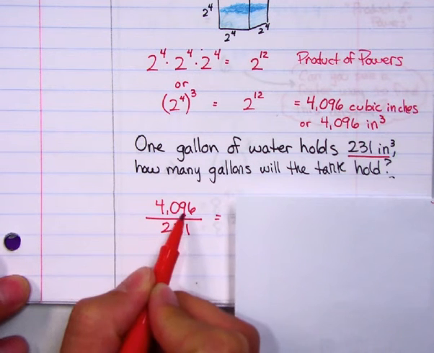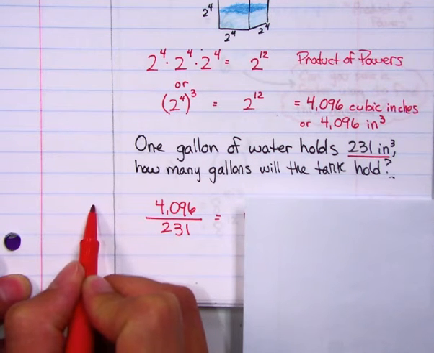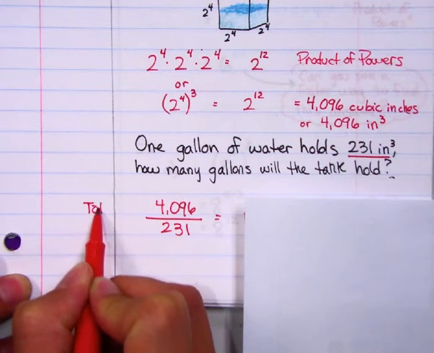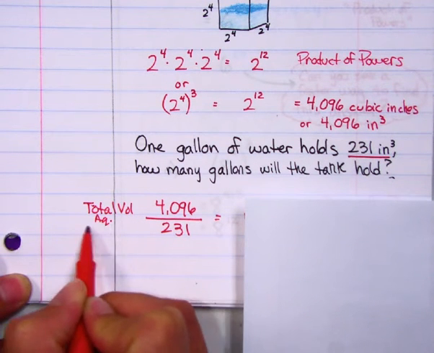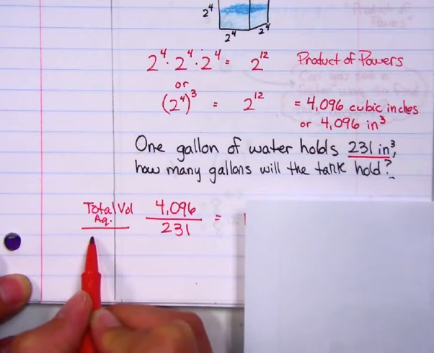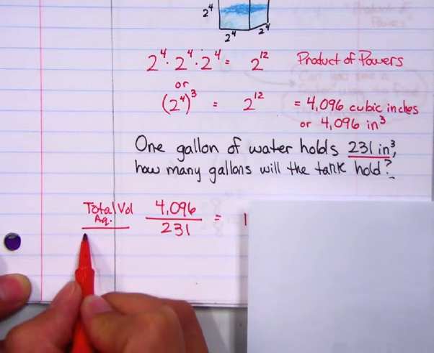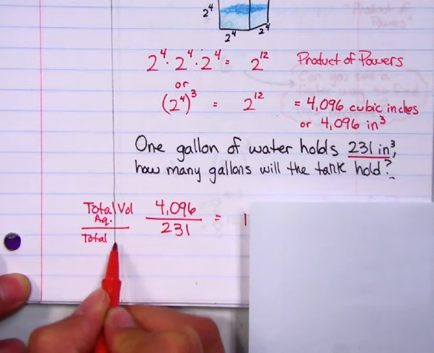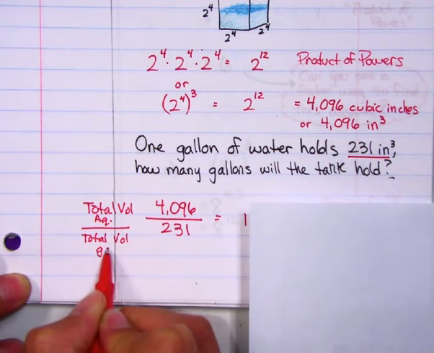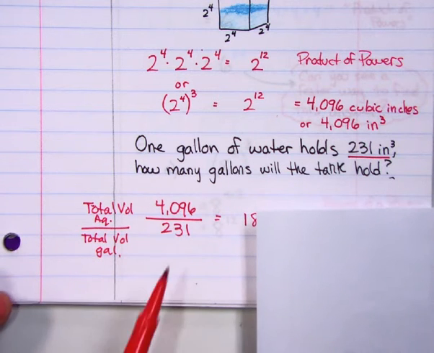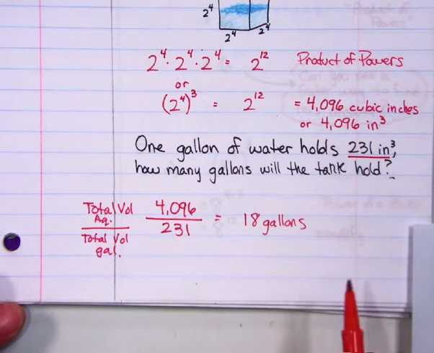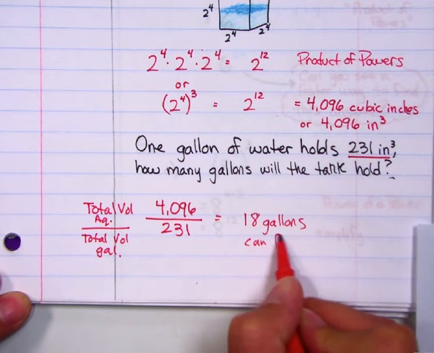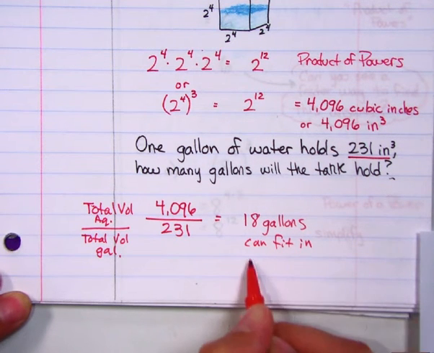We can take this 4,096, which represents the total volume of the aquarium, and divide it by how much each gallon can hold. So 4,096 divided by 231, and I end up with 18 gallons that can fit in the aquarium.